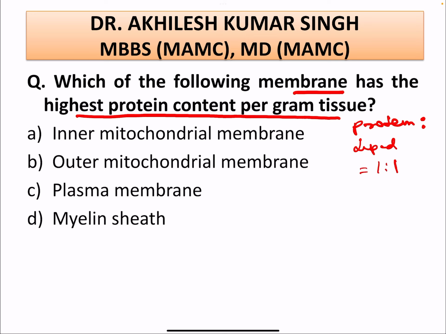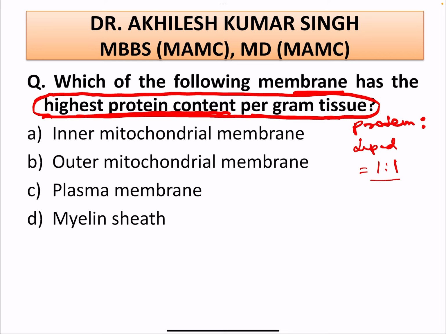The protein and lipid compound ratio is 1:1. But in this question it is asking which has the highest protein content per gram tissue. So this means that there is variation in the various membranes where the protein and lipid ratio can be altered from 1:1.